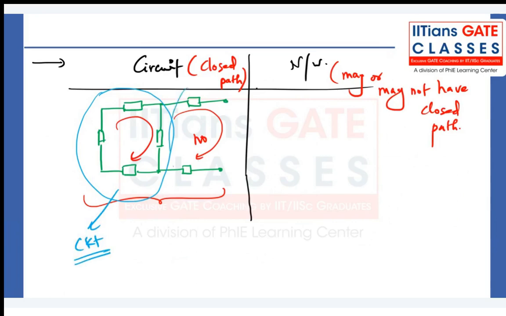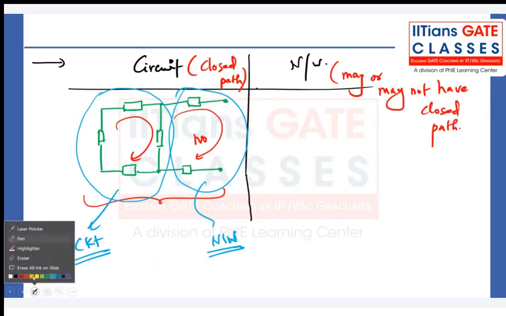A network may or may not have a closed path, and a circuit should have a closed path, remember. For a circuit to be defined, there should be a closed path. This is the basic difference between network and circuit. Sometimes network theory is called circuit theory as well, so these two words can be used interchangeably.